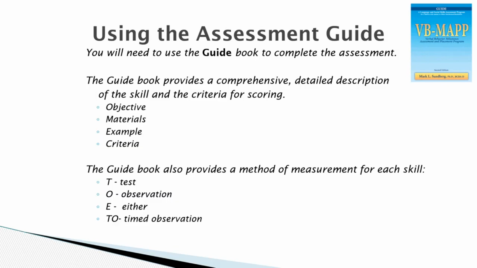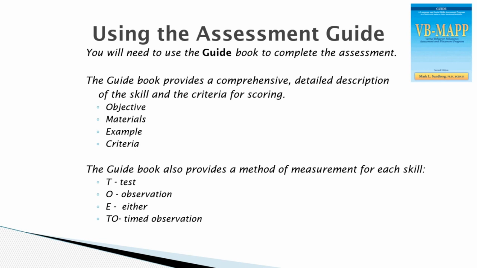Information can be gathered in a variety of ways: review of the records and data, interviews with parents, other teachers, and service providers, observations of the students, and direct testing of specific skills.